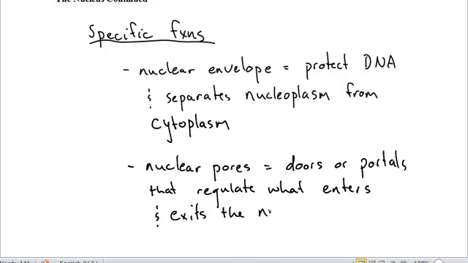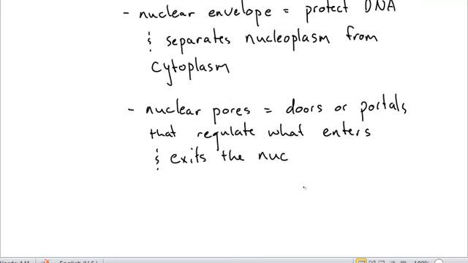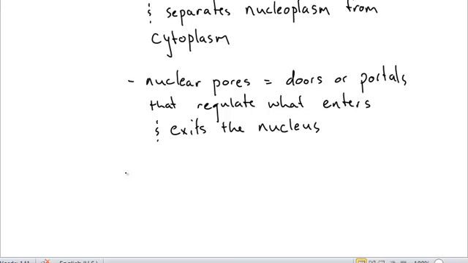So it's kind of like there's a bouncer on the door, because it doesn't just let any old person through the door. And then the nucleoplasm, that's the gel within the nucleus.